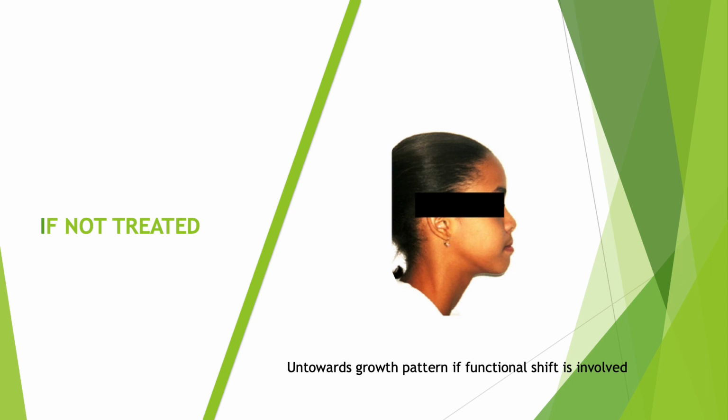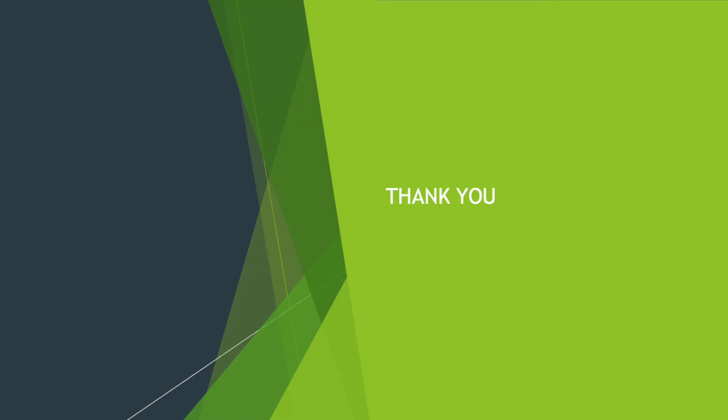So to avoid all of these, you need to understand the situation, understand the cause of it, and get it treated as soon as it is recognized and as soon as it is possible.